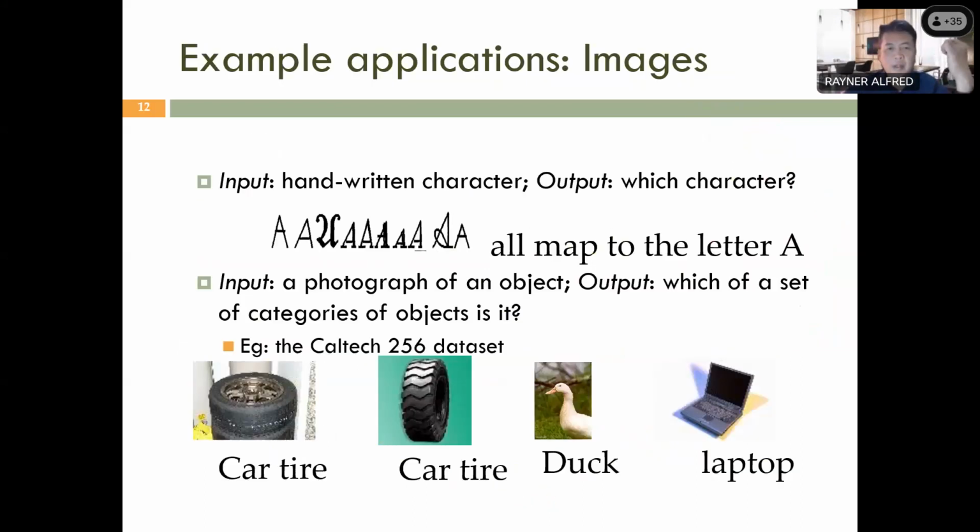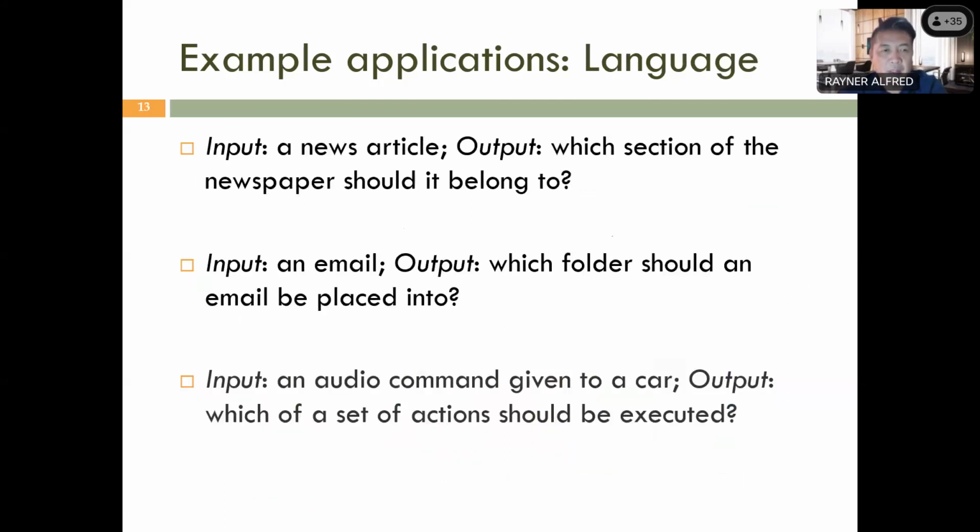Okay. So an example of application is input of handwritten character. The output will be which character. So this is multi-class because we have more than two classes. Okay. We could also have an input of image. So this is also multi-class because we have more than two classes: car tire, duck, and laptop. Okay.